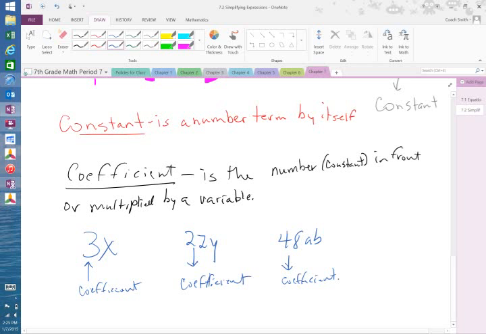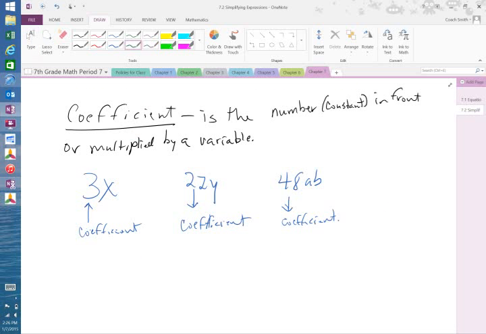So, we got a question for you. I'm going to give this one to Jess because Jess is on a roll today. Jessie, what is the coefficient of x? Yeah, that's a good guess, but no, that's not it. Let me ask you this. How many x's do I have?